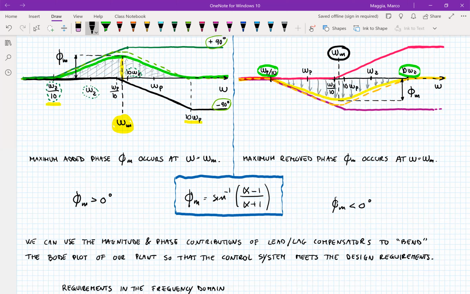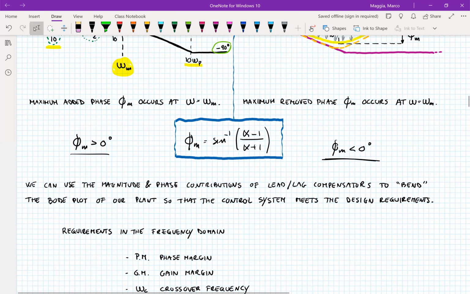So arc sine of something positive is a positive number. So that's why phi m is positive. Vice versa, if alpha is less than 1, we're going to get a negative number. And that's why we're subtracting phase.